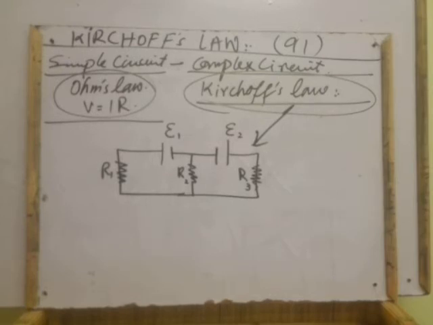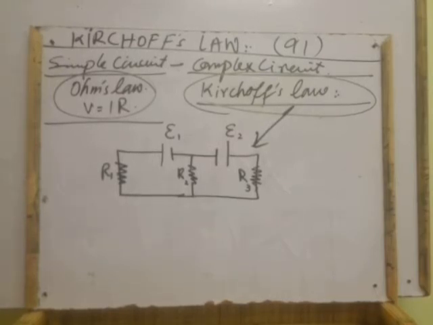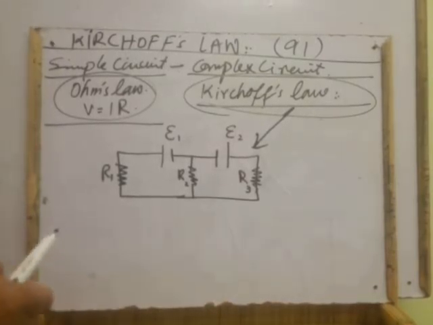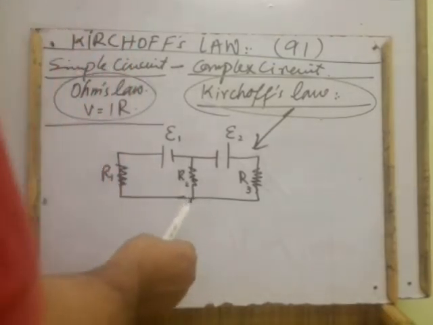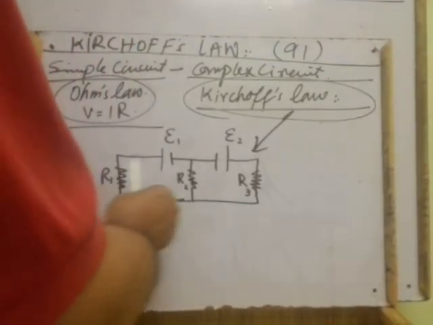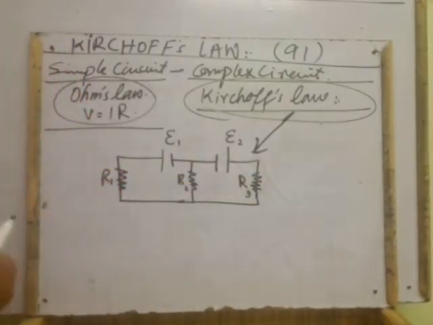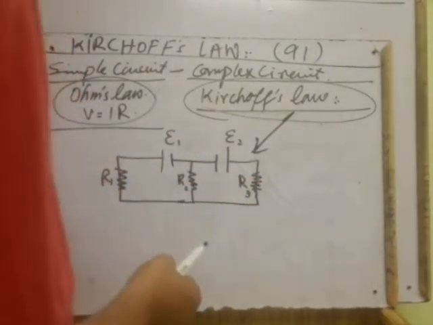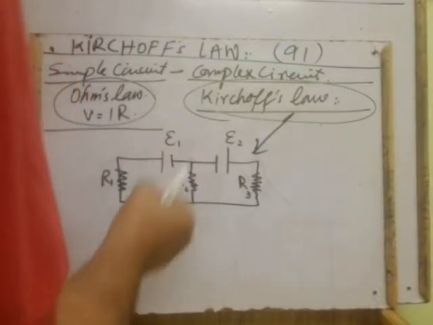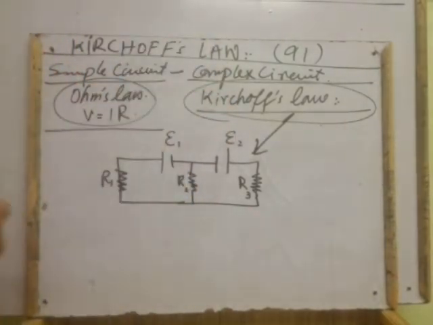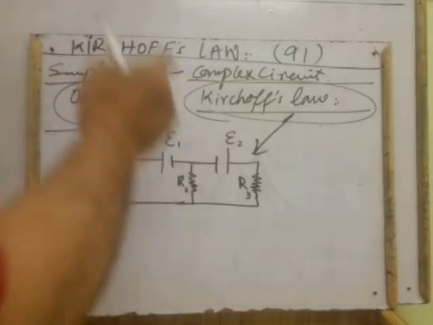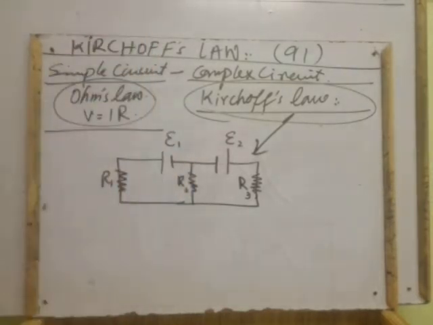In this circuit, we can see that it cannot be solved by simply a series and parallel combination of the resistors and the batteries. So there is a specific technique, a specific concept generated by Kirchhoff to solve this type of circuit. This was the introduction of Kirchhoff's laws.